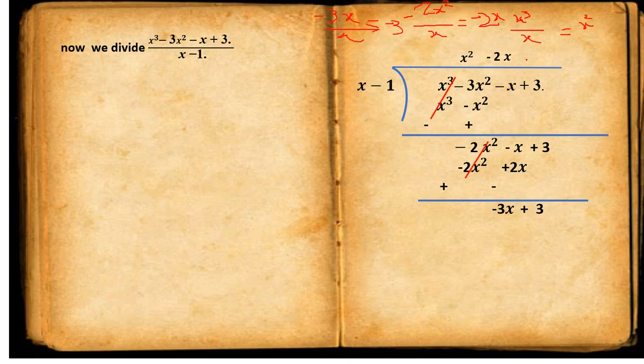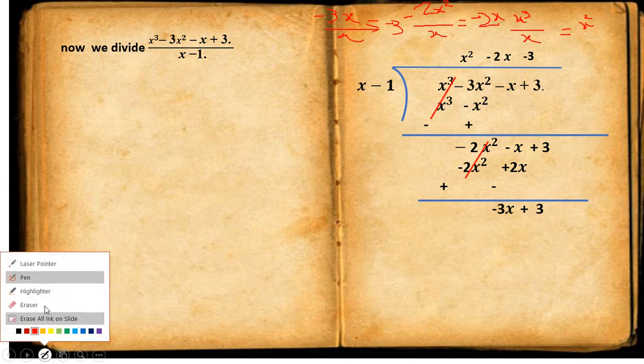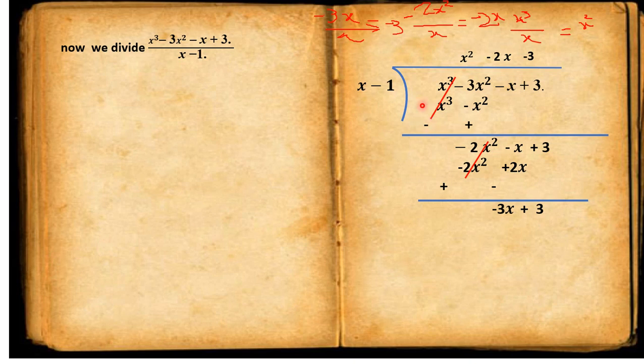So here we have to multiply it by minus 3. We get minus 3 into x, minus 3x here, and minus 3 multiplied by minus 1. Minus 3 multiplied by minus 1 becomes plus 3. So here we get minus 3x plus 3.